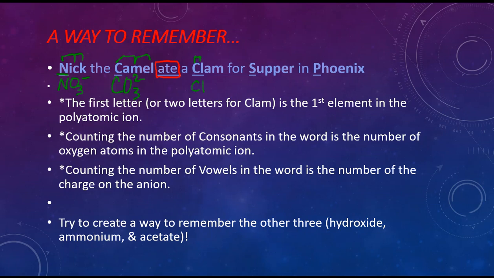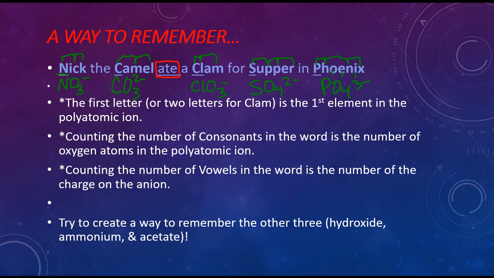How many non-vowels or consonants? 3, so O3 and 1 vowel, minus 1. Supper, S. 1, 2, 3, 4, O4, 2 vowels, there's sulfate. And Phoenix, you have P and then 1, 2, 3, 4, O4, 3 vowels, minus 3 for the charge.